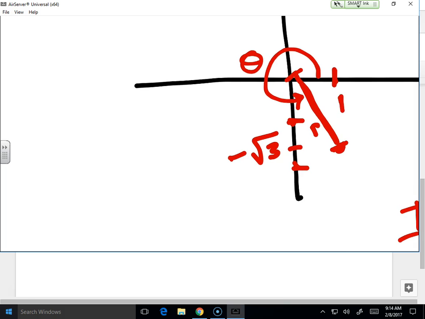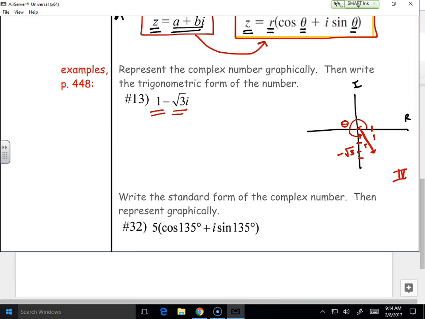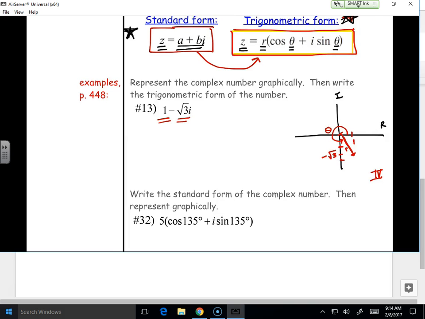Let's go ahead and zoom out a bit. Let's keep solving. We need to get the trig form. Okay, if you guys look up above, is there a formula to find r? Yes. And the formula for r is, hey, isn't that just the hypotenuse whenever you have the sides?